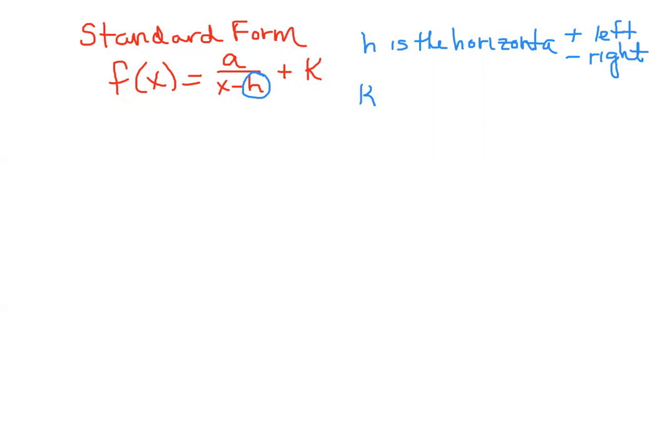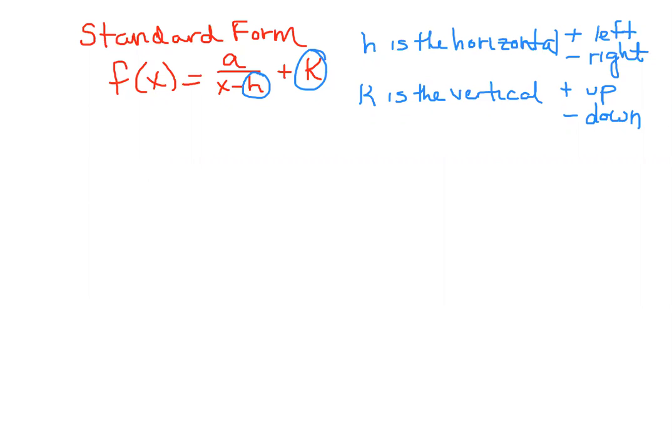K, the thing we stick on the end, is the vertical shift. Is a vertical shift. If it's plus, it goes up. And if it's negative, it goes down.